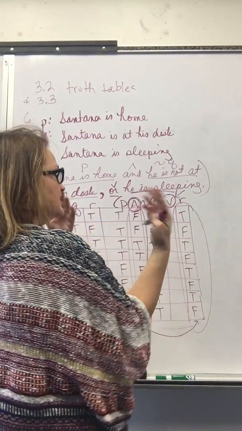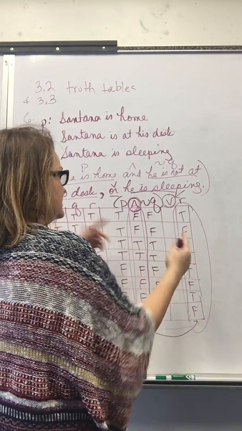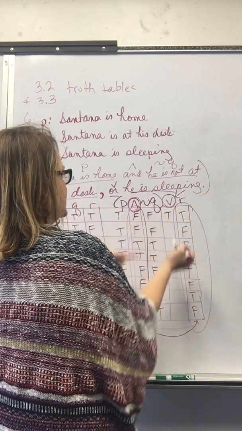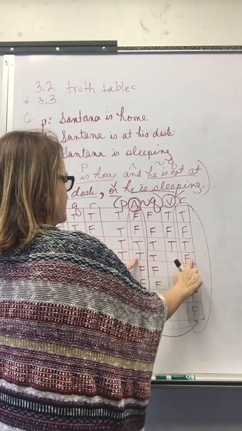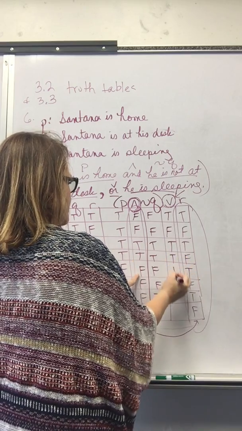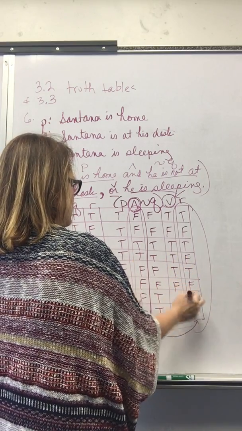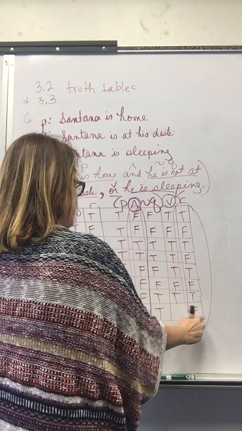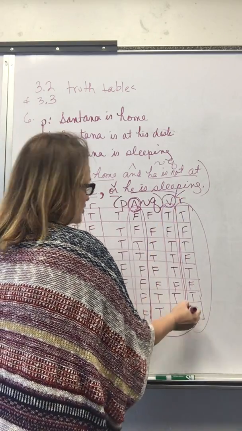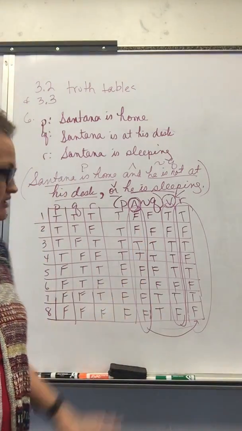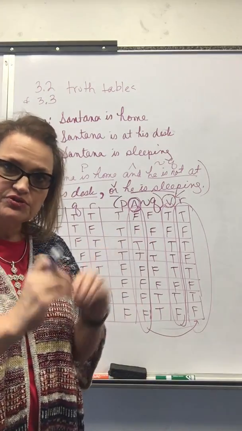So an or, it's very forgiving. As long as there's one T, it's true. So we've got a T on, here's 2 F's, that one's not going to be. Here's 2 T's, at least one T makes it true. But an F and an F is F. Here's the FF. And that should be, if you're checking your work, your final answer. Again, you may pause the video and zoom in on that if needed.